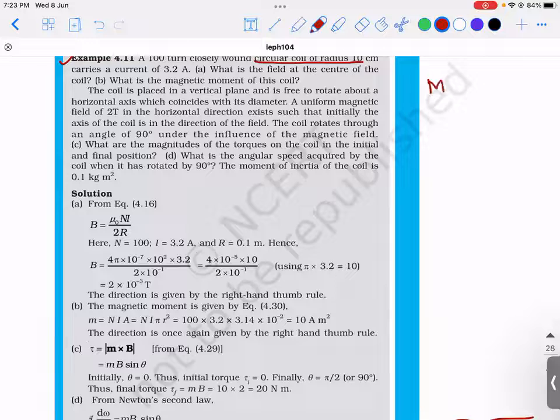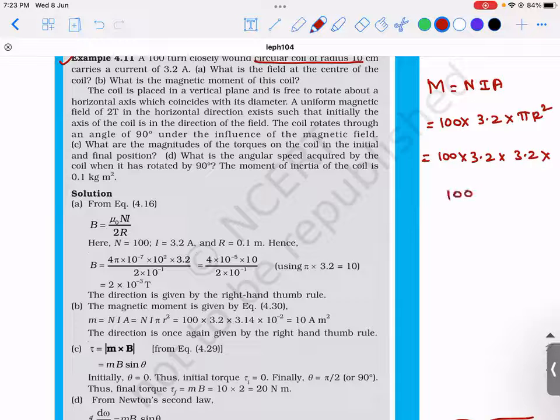So magnetic moment M is equal to N into I into A. The number of turns is 100, I is 3.2, and the area is pi r square. So 100 into 3.2 into, I'm approximating pi as 3.2, into r square, which is 100 into 10 power minus 4.